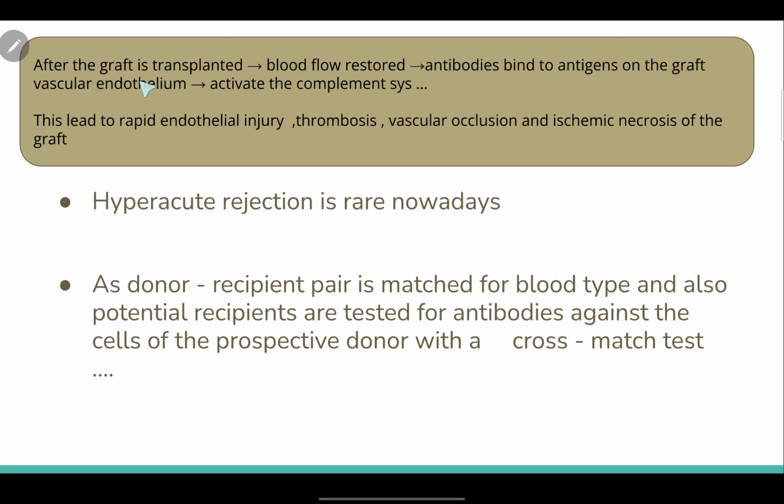After the graft is transplanted, blood flow is restored, where the antibodies bind to antigen on the graft vascular endothelium, which activates the complement system. This leads to rapid endothelial injury, thrombosis, vascular occlusion and ischemic necrosis of the graft.